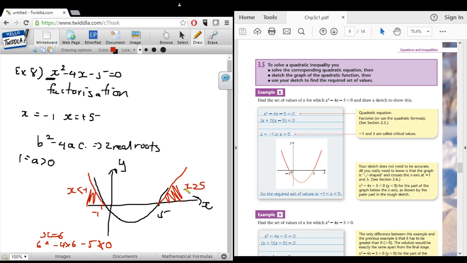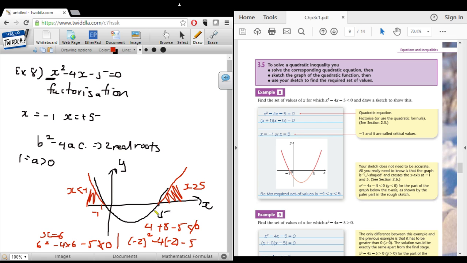So this side is straight away cancelled out. What about here? What about if it's, let's say, minus 2? So again, we can say minus 2 squared minus 4 times minus 2 minus 5. It's going to give us 4, plus 8, minus 5. So you're going to have 12 minus 5. Is that going to be less than 0? No, it's not going to be.